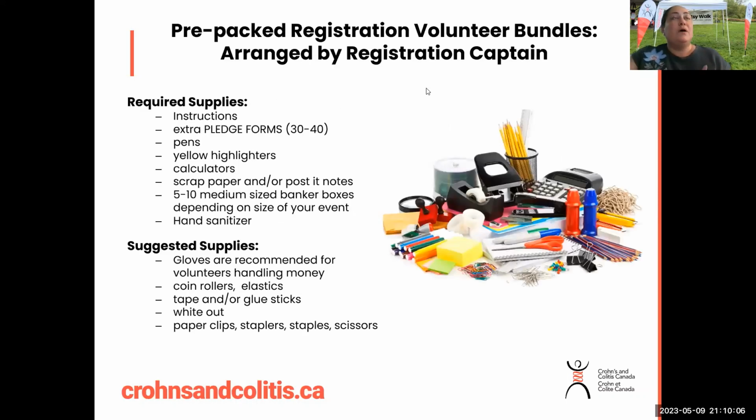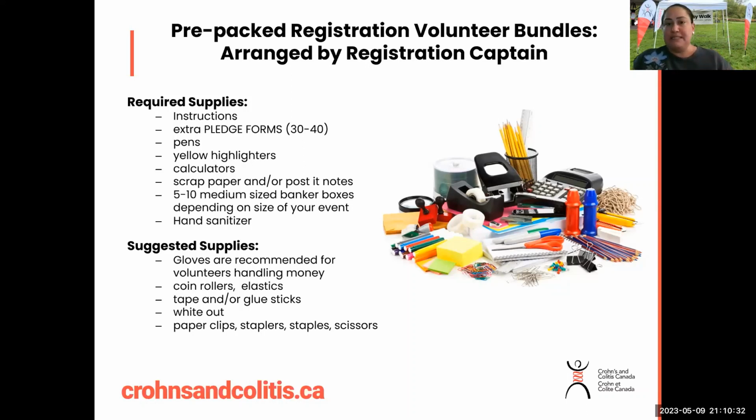And as I mentioned, you need to have some pre-bundled stationery available on the table for your registration volunteers. So required supplies will be instructions, pledge forms, pens, yellow highlighter, calculator, scrap paper, and some suggested supplies will be coin roller, whiteout, paper clips.